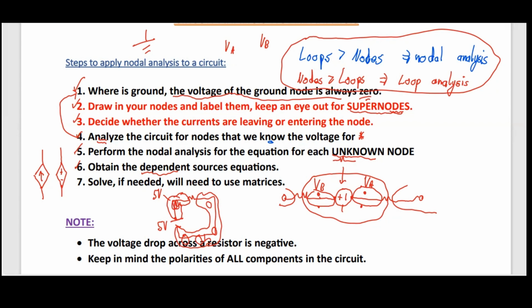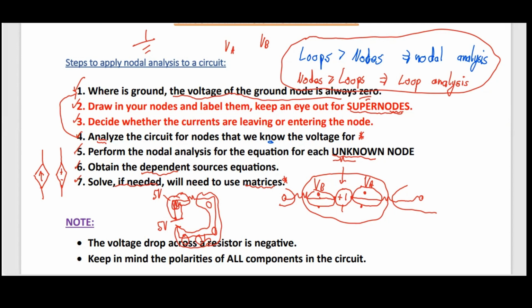The last step, we solve if needed. Keyword: if needed. You need to use matrices. This step you will not need to do for your exam, so I don't need to go through it in depth. You will not really need to use it again in terms of actually calculating the voltages.